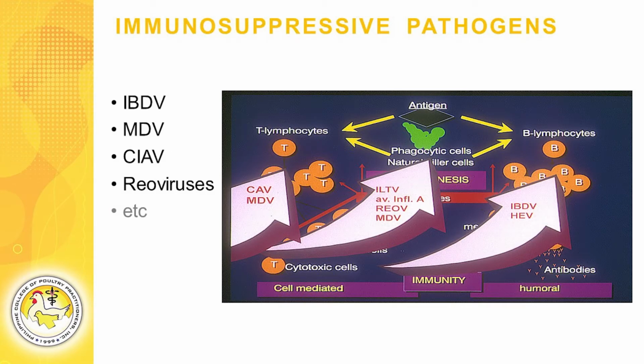An important fact is that there are some pathogens or disease agents that might have a direct impact on these primary organs because they have them as their target organs. For example, chicken anemia virus and Marek's disease virus target the thymus, and infectious bursal disease virus and also Marek's disease virus might attack the bursa of Fabricius, and this will have severe consequences, as we can already expect.